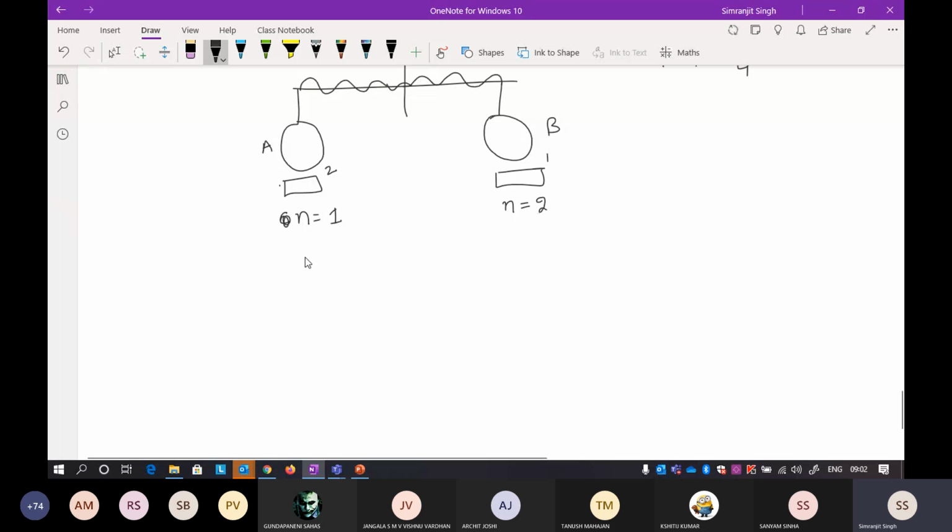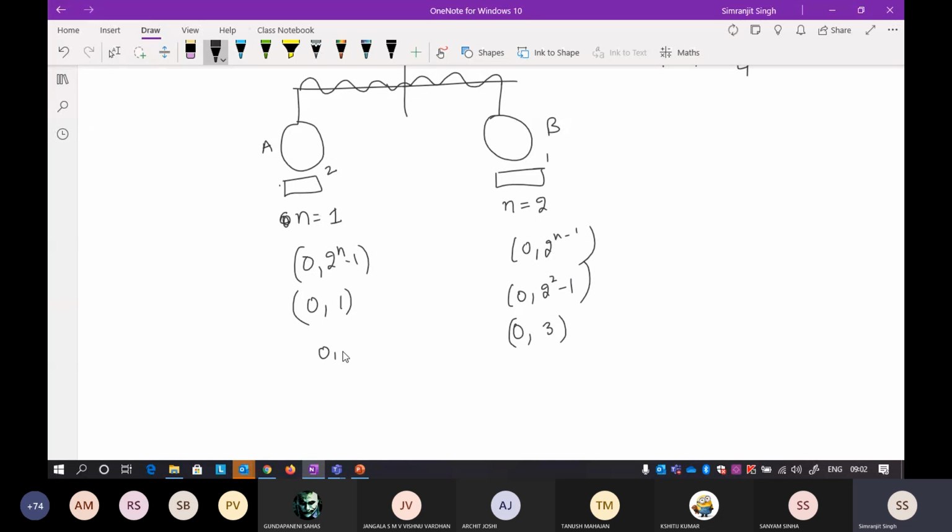Now you see what will happen here: 0 to 2 raised to power n minus 1. So now 0 to 2 raised to power 1 minus 1, it will be 0 to 1, but here 0 to 2 raised to power 2 minus 1, it will be 0 to 3.